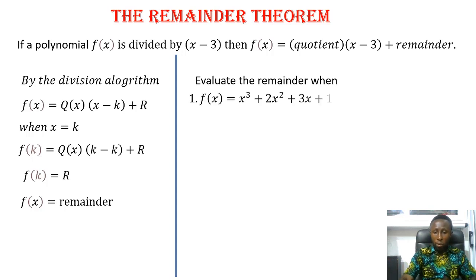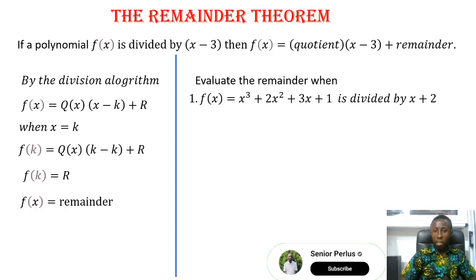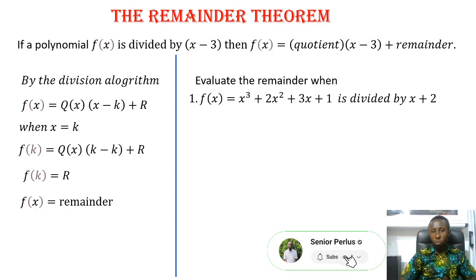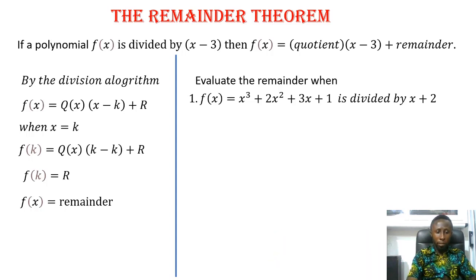evaluate the remainder when f at s equals s cubed plus 2s squared plus 3s plus 1 is divided by s plus 2. So from here, we say when s equals k, then we put k inside. The same thing we will do here when we want to find the remainder, right?